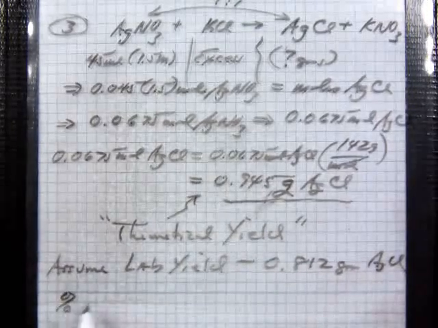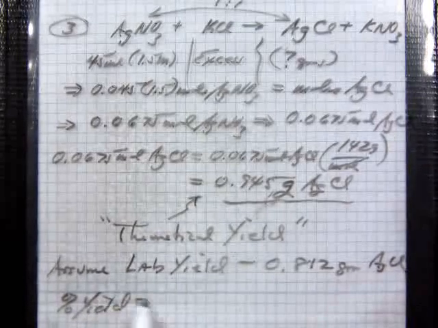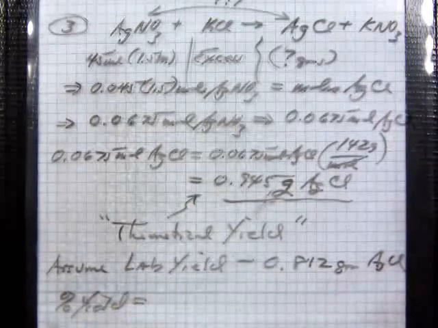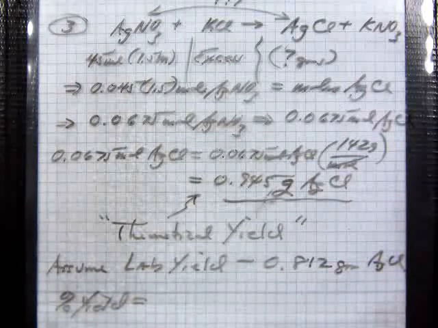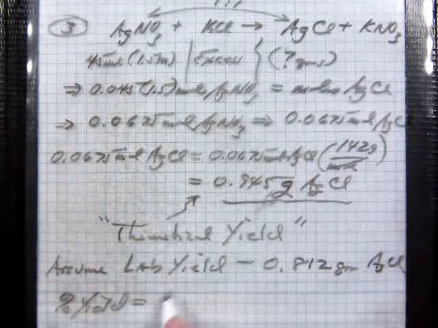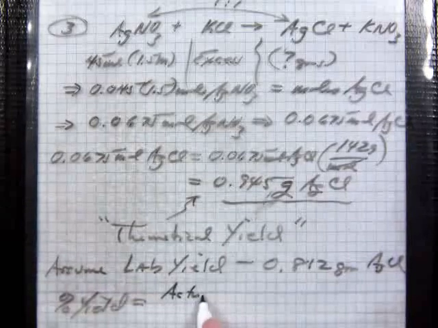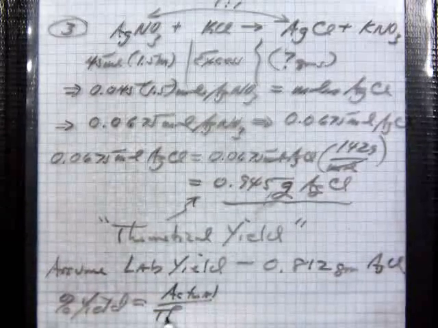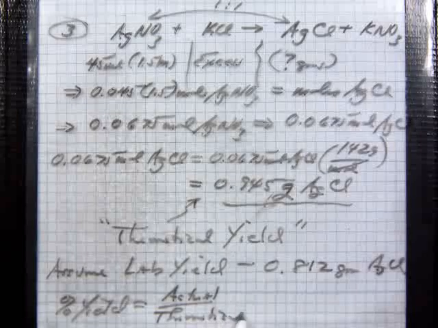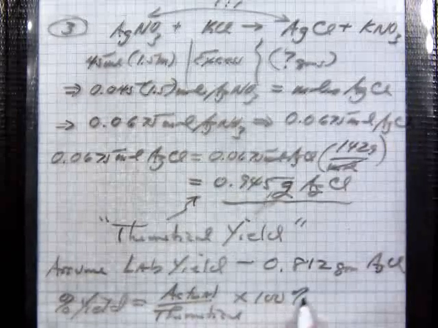What's the percent yield? Well, to review this, percent yield is always the actual divided by theoretical times 100. That's all it is. Actual, which is lab yield, over theoretical, times 100%.